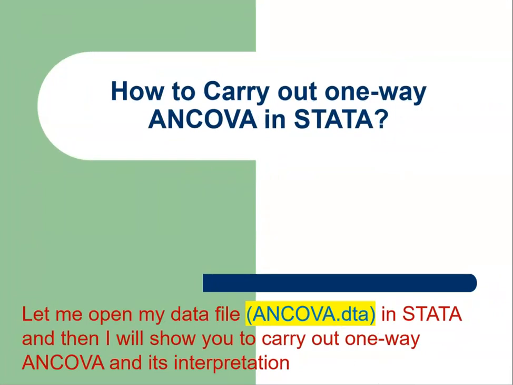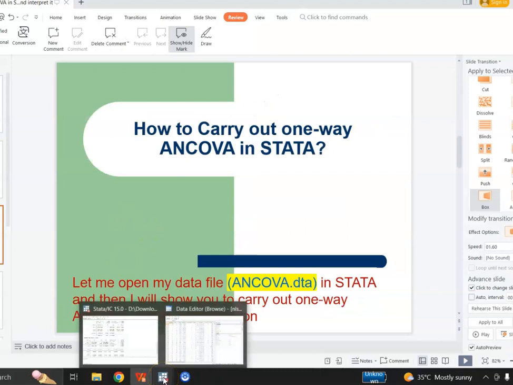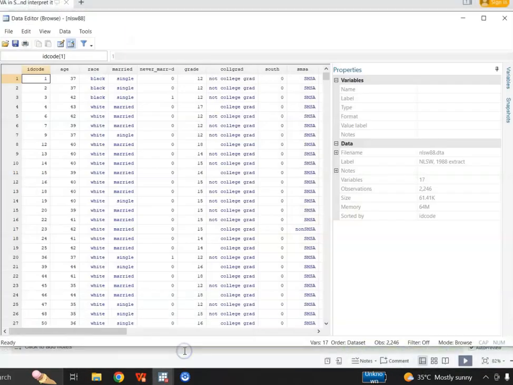Now the question is how to carry out one-way ANCOVA in STATA. For that purpose I'll go to STATA and open my data file, but this time I'm using another file that I just downloaded from STATA dataset examples. This example file is NLS88, and the total number of observations is 2248.